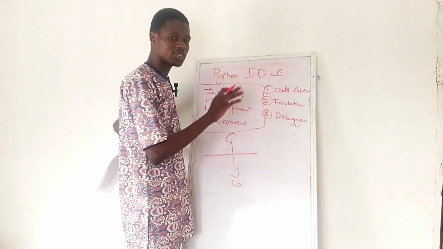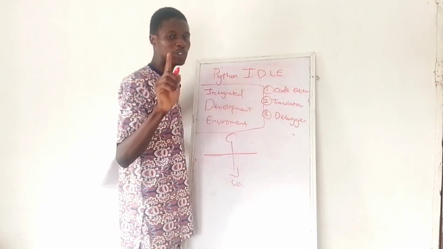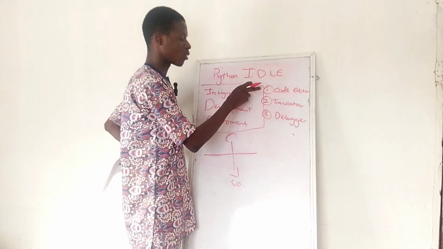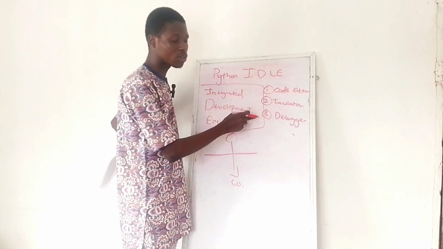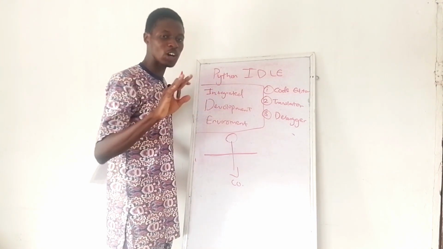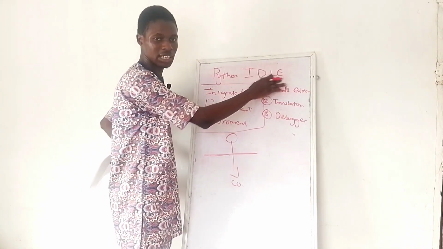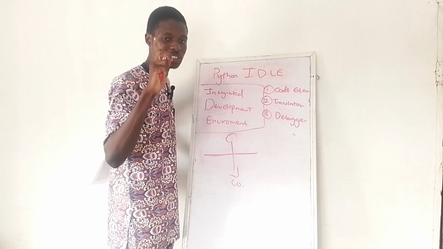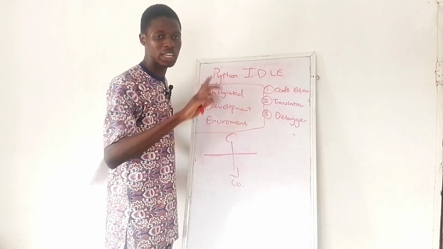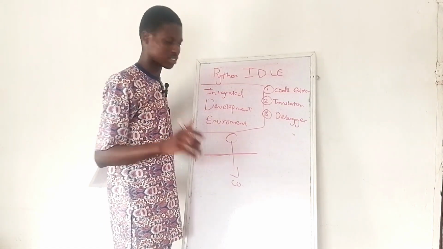Now if you want to write a Python code, instead of having 3 tools, where you would go and download the code editor, download the translator, and download the debugger, there is now something called an IDE. IDE means that all these 3 things are built inside one thing, and that thing will cater for everything. Do you get?